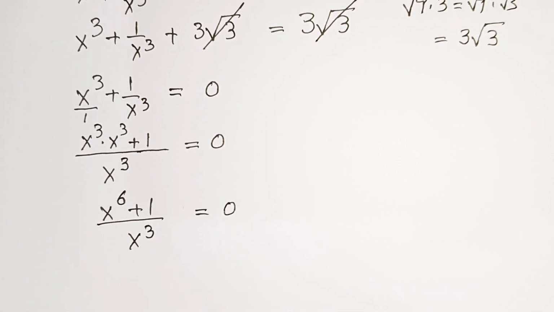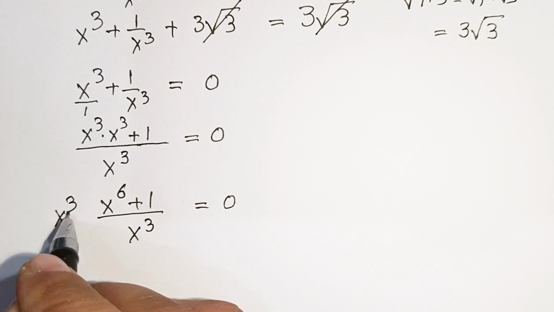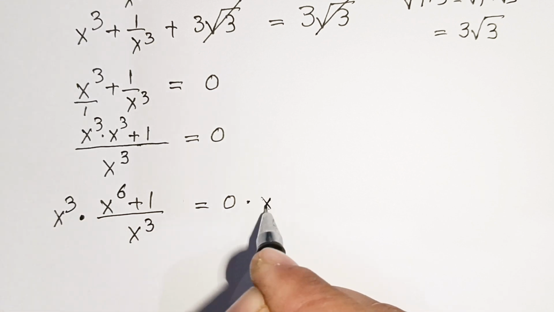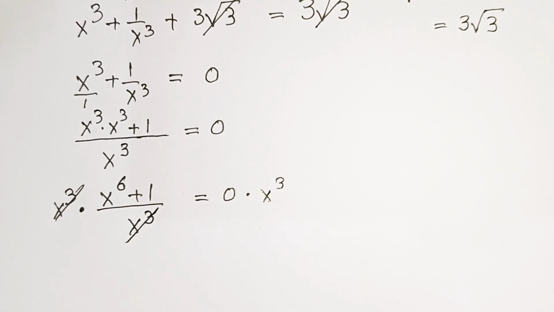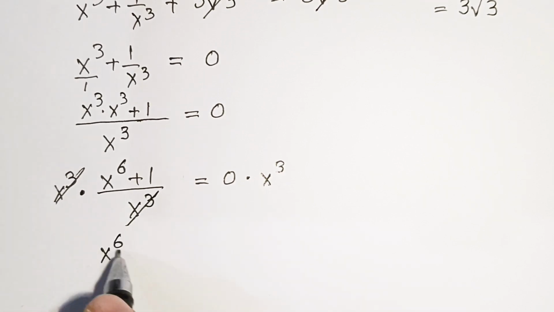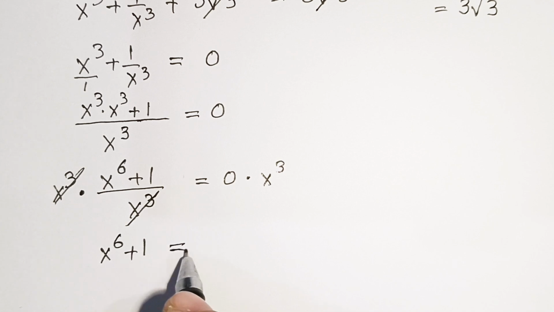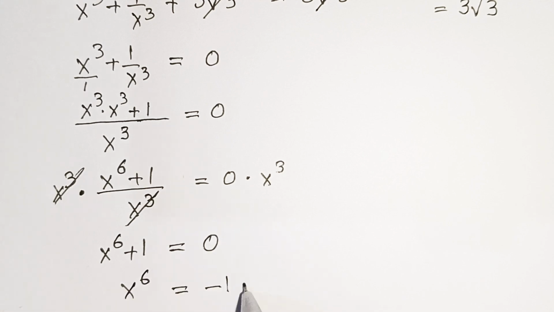If we multiply x cubed on both sides, cancelling x cubed with x cubed, we have x to the power 6 plus 1 is equal to 0. Now shifting this plus 1, we get minus 1. So let's say it is our equation number 1: x to the power 6 is equal to minus 1.